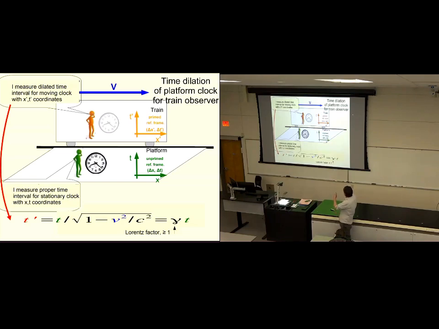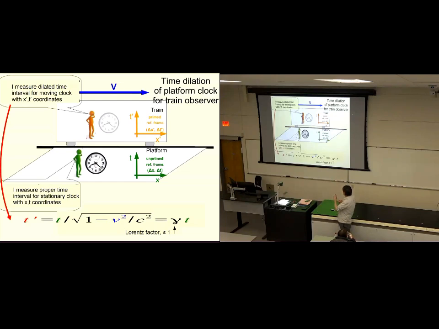And then upstairs here, the orange reference frame is the same sort of thing, but for the train observer, the passenger reference frame. So vertically is the time axis, horizontally is the position axis, and with this reference frame, we can locate events in space and time in the passenger reference frame.